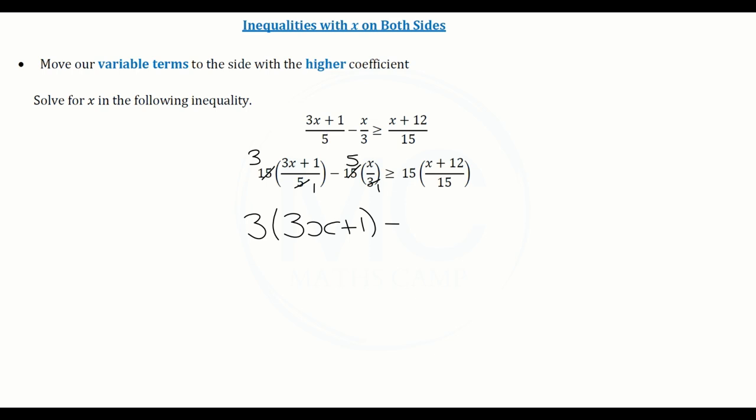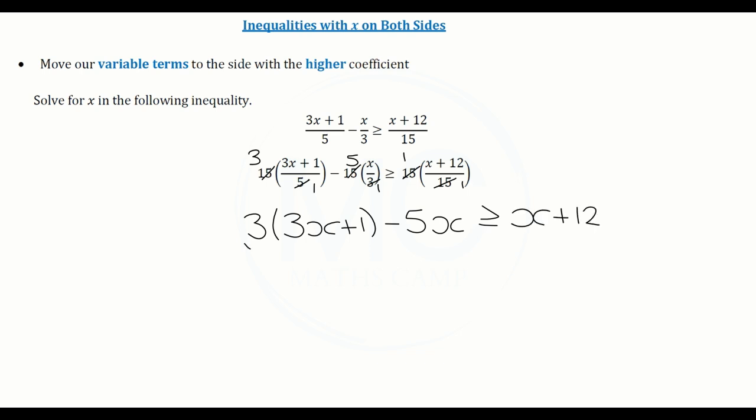And we get 5 multiplied by x, which is simply 5x. Now we have our sign, greater than or equal to. 15 divided by 15 is 1. Again over here. And we're left with the bracket x plus 12.